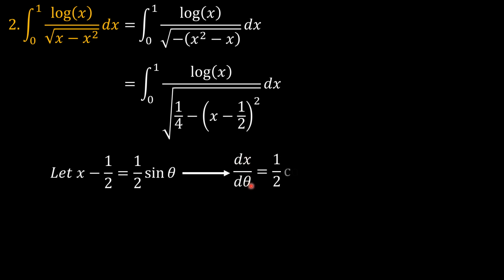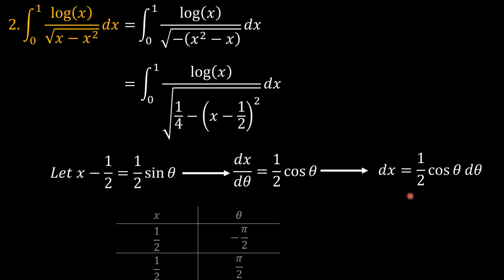So dx d theta is the same as half cosine theta, and that means that we can substitute dx with half cosine theta d theta. And then the limits, we can work out the limit when x equals 0. So negative a half equals a half sine theta, means that we have negative 1 is equal to sine theta.